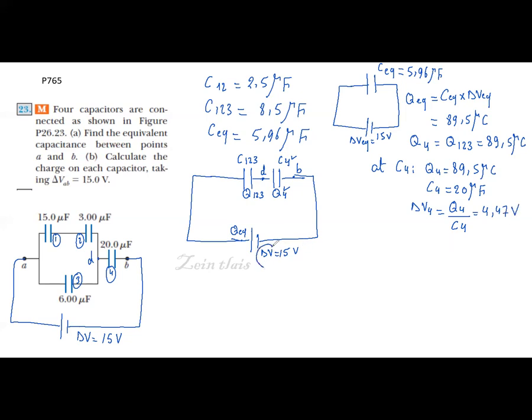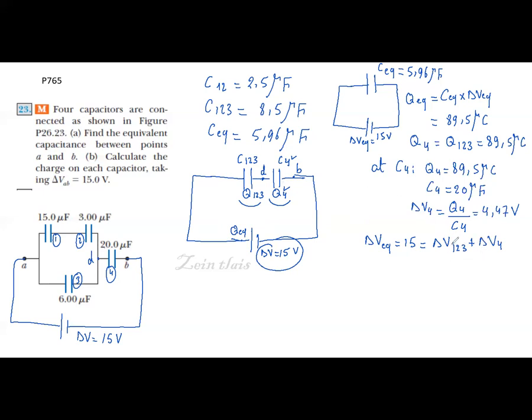You know, delta V equals delta V123 plus delta V4. This is the condition of series capacitors: the total delta V is divided between delta V of the first one plus delta V of the second one.